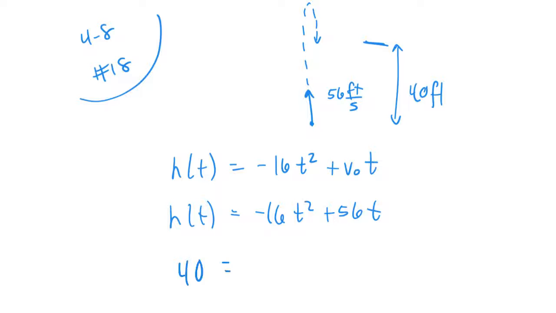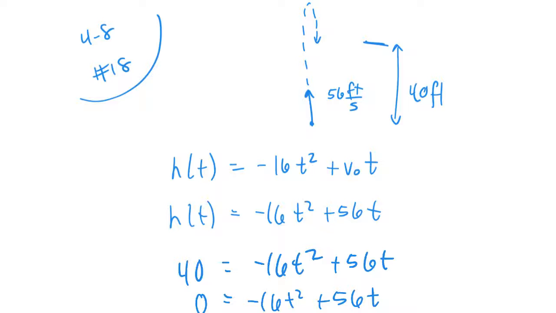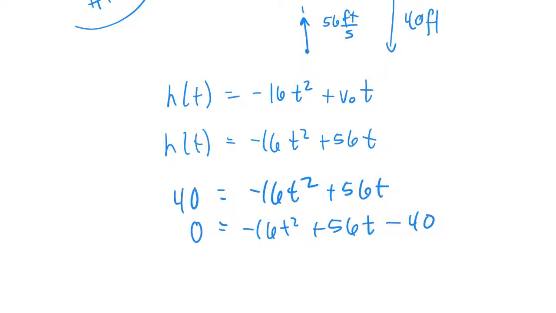So this is 40, because the height is 40 when it passes the friend. We then move the 40 over. We then factor out a 4, or a negative 4 I'd factor out. Negative 4 out of 56.